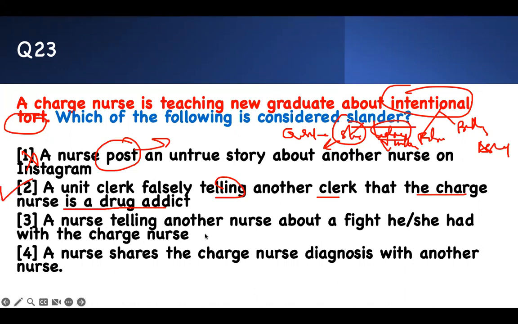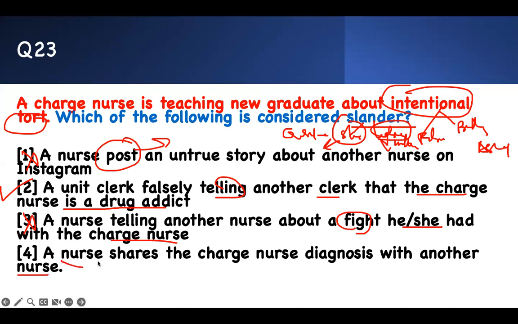A nurse telling another nurse about a fight he or she had with the charge nurse. This is the trap, right? There was a fight, and he's just telling another nurse what happened. He's not slandering or anything like that. We had a fight yesterday, and I'm talking about the fight. So this is not. A nurse shares the charge nurse's diagnosis with another nurse.